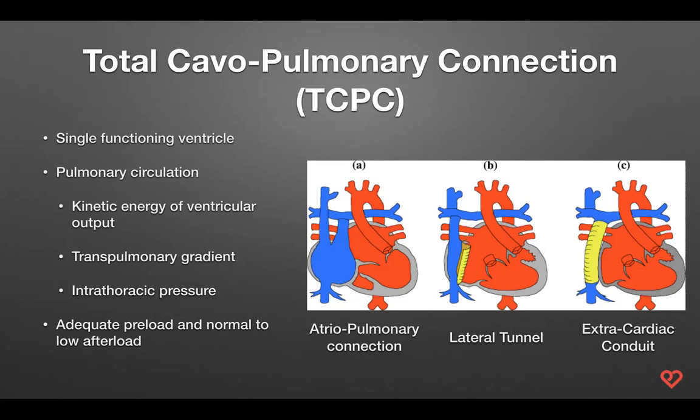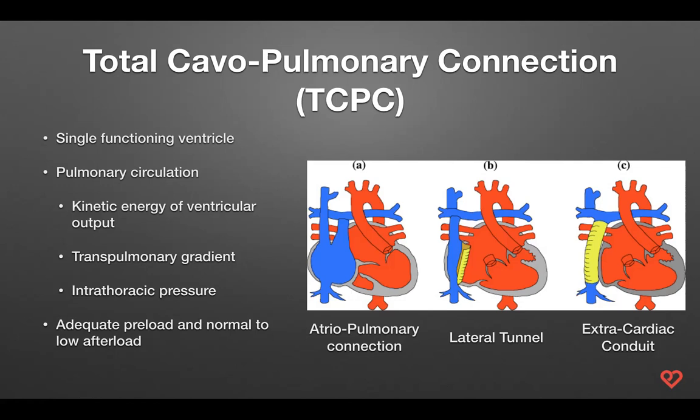Now, going to the physiology of this and understanding pregnancy, this is a single functioning ventricle. Your pulmonary circulation, how does blood get there? It's determined by the contractility of your ventricle, that single ventricle, how well it contracts and the kinetic energy from that. It's based on the transpulmonary gradient and then the intrathoracic pressure.